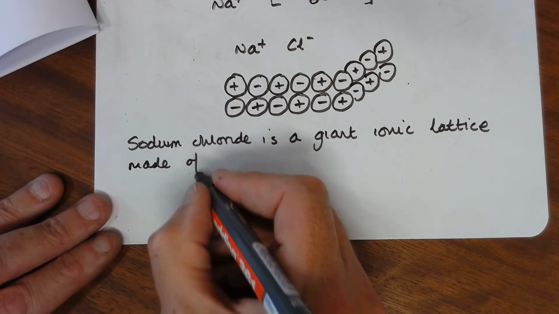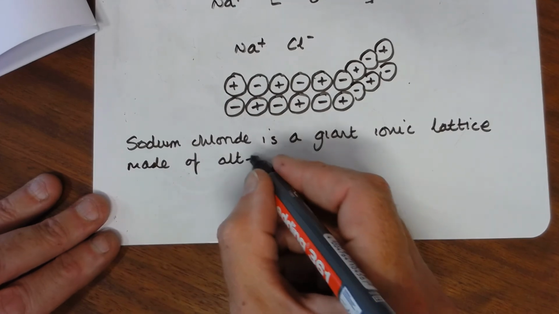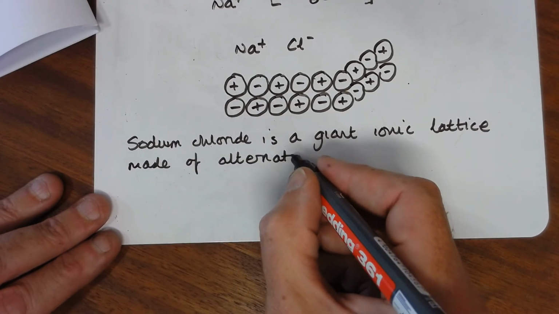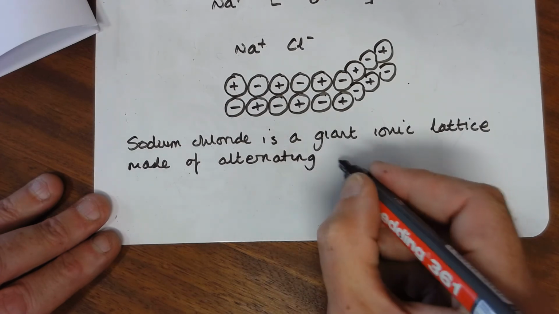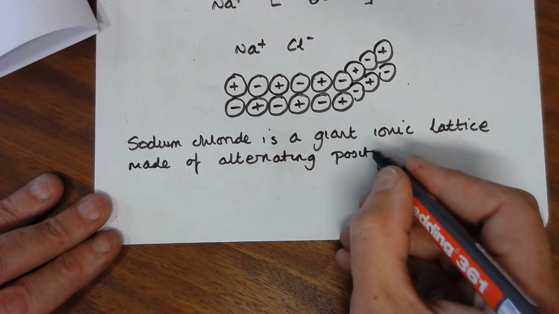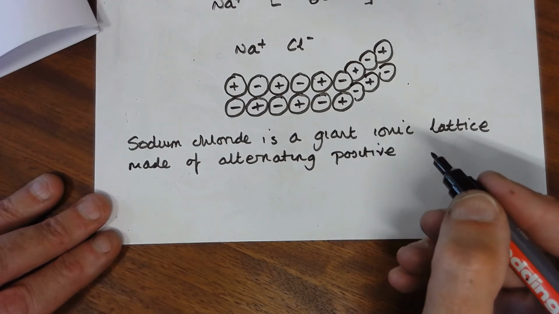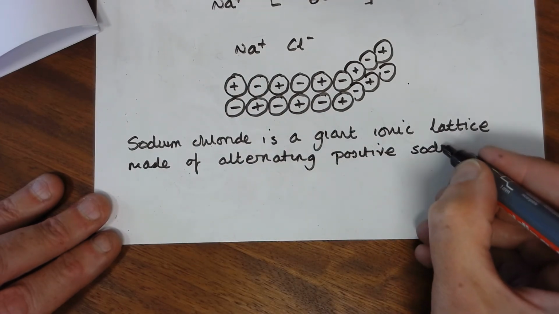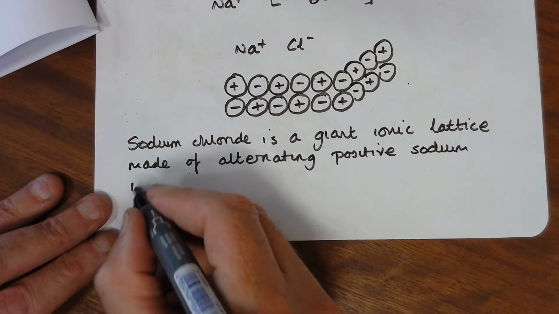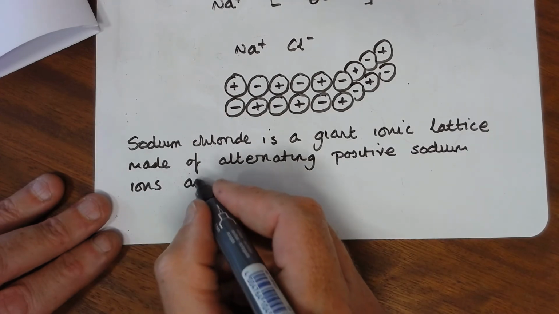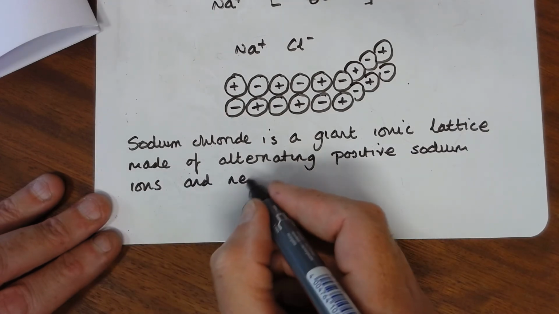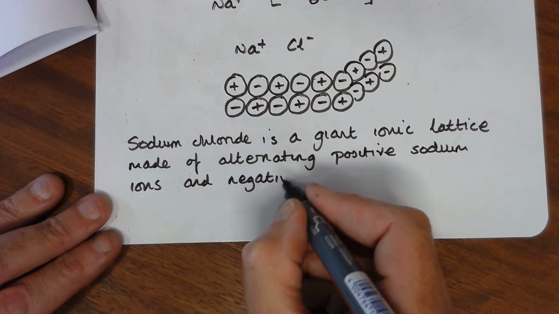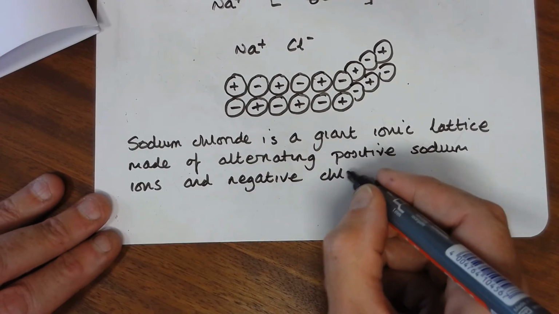Made of alternating positive ions. Let's add some more detail. Positive sodium ions and negative chloride ions.